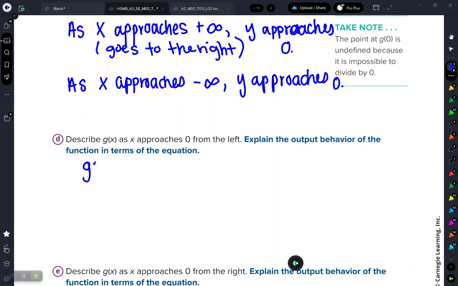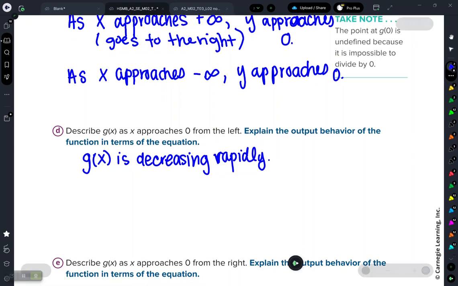We can say that g of x, the function, is decreasing rapidly. And you can describe as your explanation something along the lines of, when you divide by tinier and tinier negative numbers, they become larger and larger negative numbers. Right, negative 1,000,000.